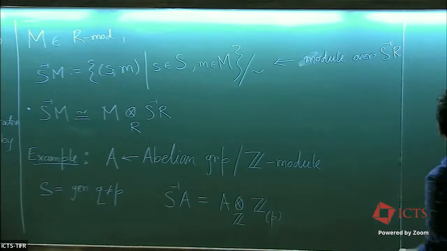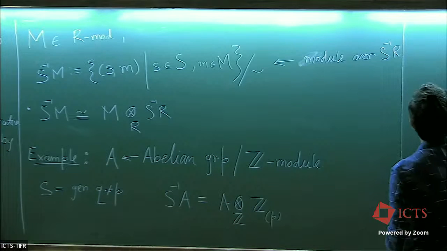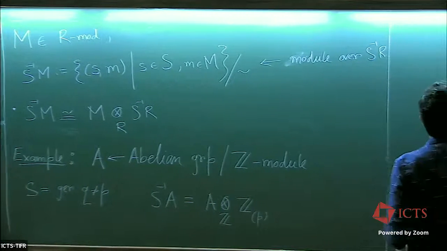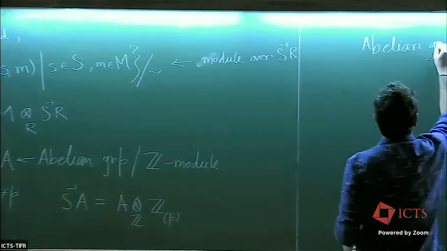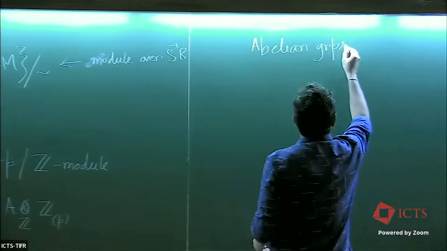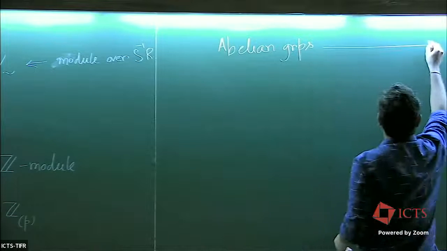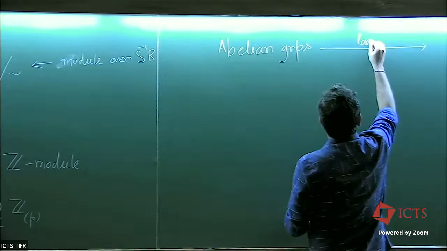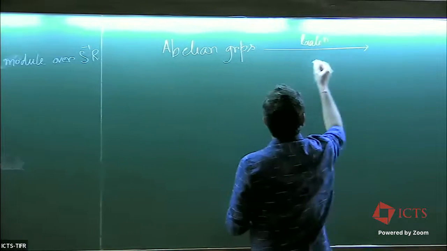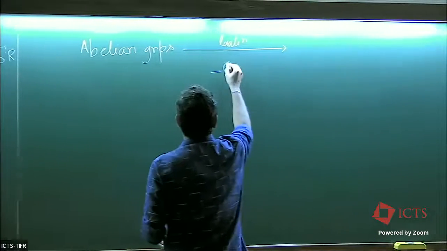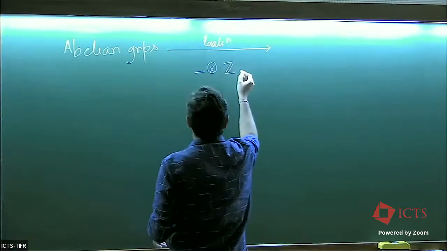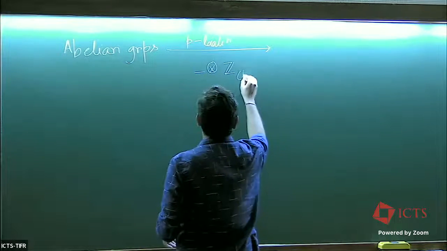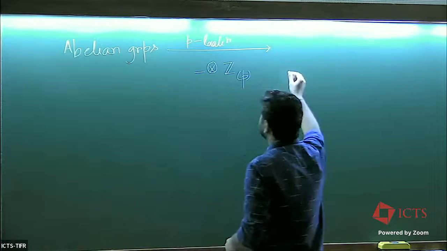So what we see is we get a functor for abelian groups, which is the localization functor. Let's say the p localization functor is nothing but tensoring with Z localized at p.